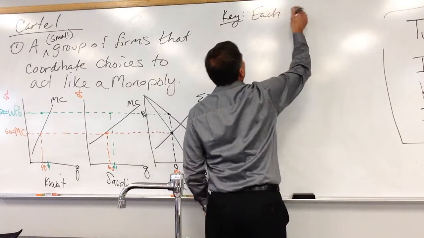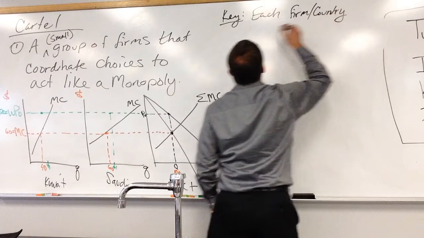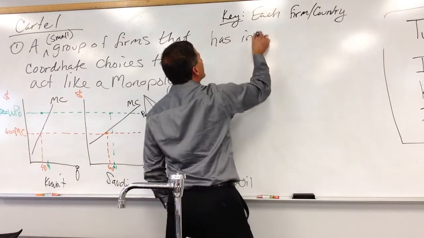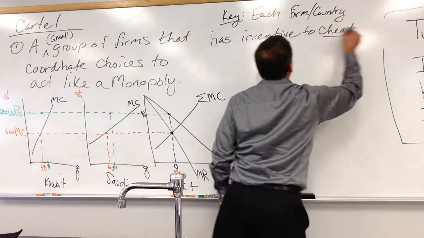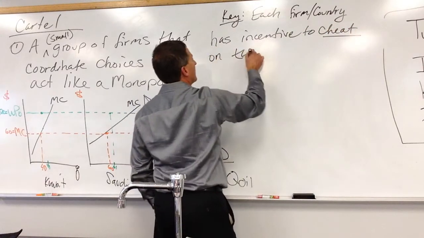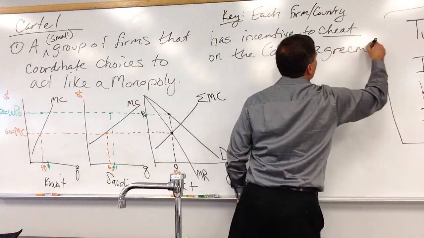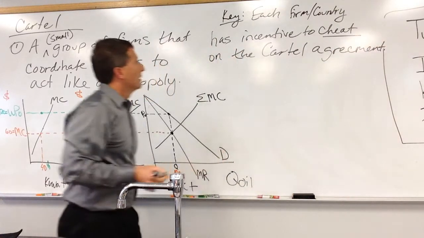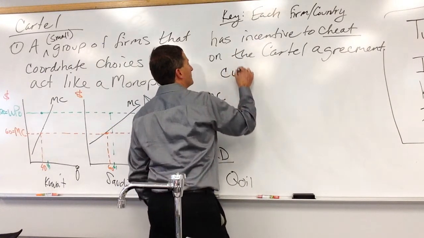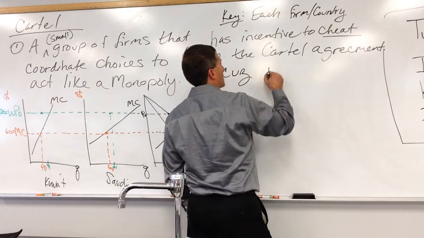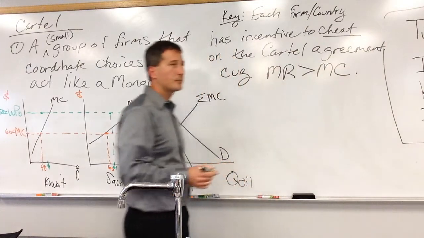So each firm, firm slash country in this case, has incentive to cheat on the cartel agreement, the contract. Each firm has incentive to cheat on the cartel agreement because the marginal revenue of an additional unit exceeds the marginal cost.